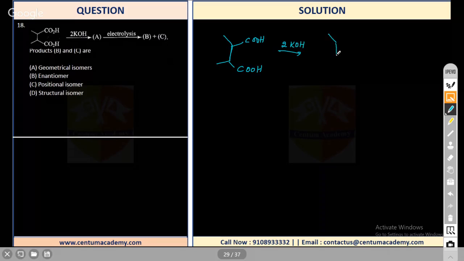So you will get the salt of this, COO minus and K plus, right? When you do the electrolysis of this, oxidation takes place at the anode, and you'll get two different products. One has a double bond here, and the other has a double bond here, right? So these two are actually cis and trans isomers. So we'll get geometrical isomers.